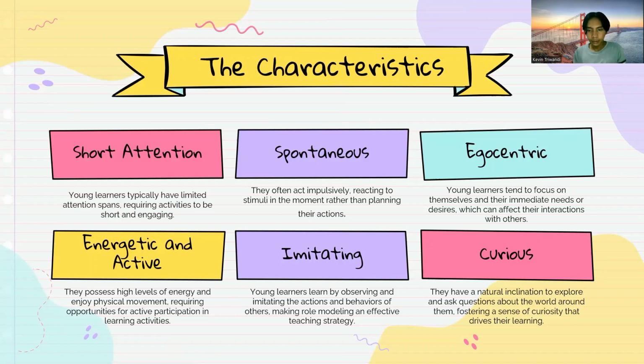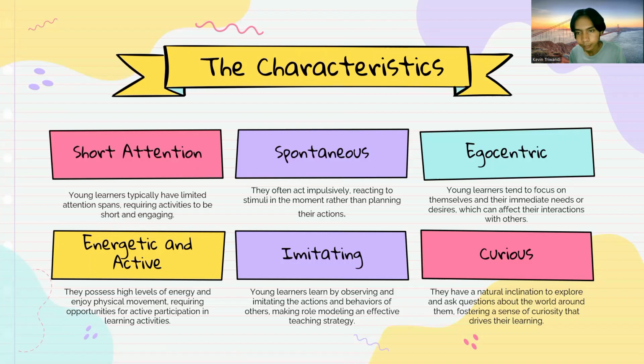And for the next is curious. To teach the students who have curious behavior in the classroom, a teacher must make them curious about the material that we will explain.